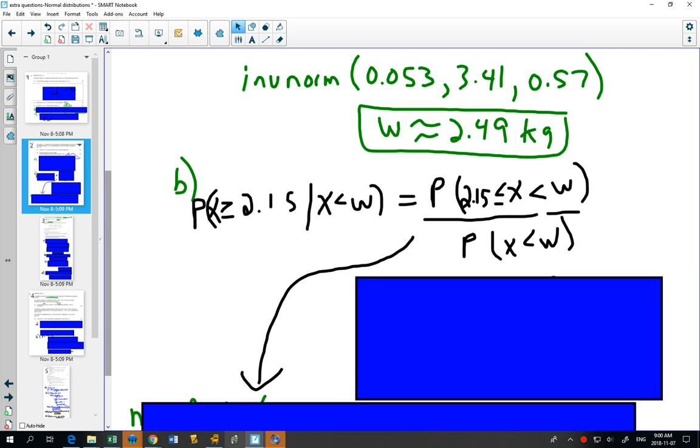At the top of your conditional probability, you would do the probability of this and this. So if I want bigger than 2.15 and less than 2.49, so that it is a low birth weight, I can write that as x has to be between 2.15 and w, divided by the probability of a child being low birth weight.